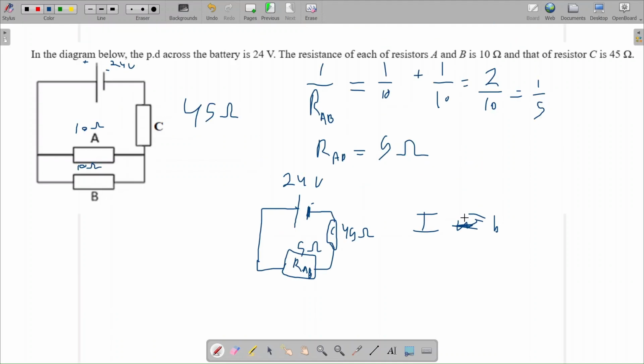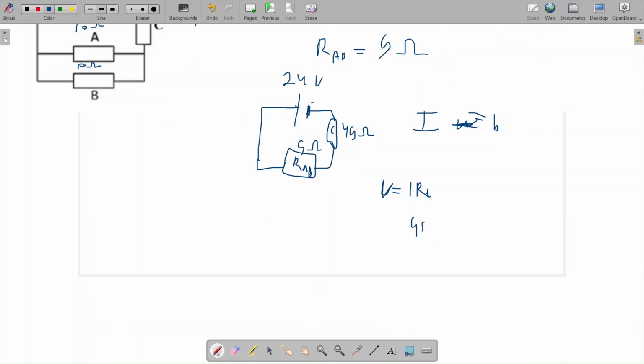Okay. So now what we're gonna do? We're gonna do V equals IR. This is the total resistance, mind you. So we're gonna add up our resistance. 45 plus 5 equals 50 ohms. Okay. So now V, which is 24. So we're just not gonna write this again. 24 is equal to 50I.